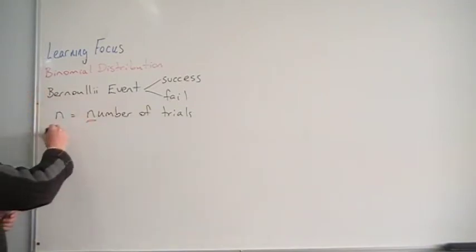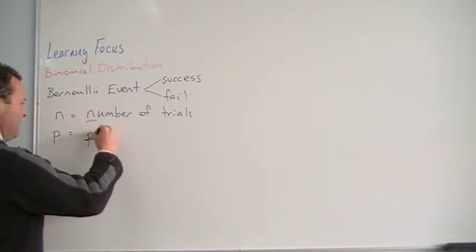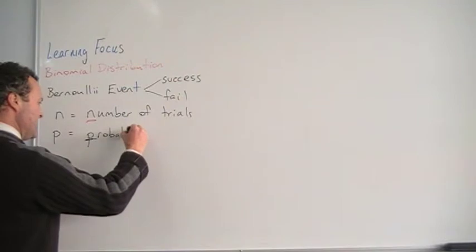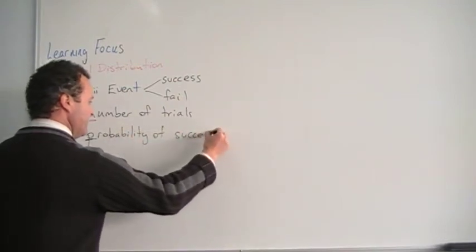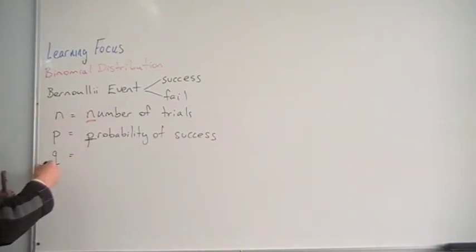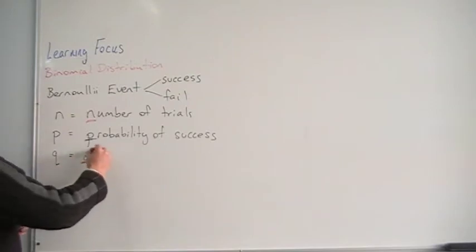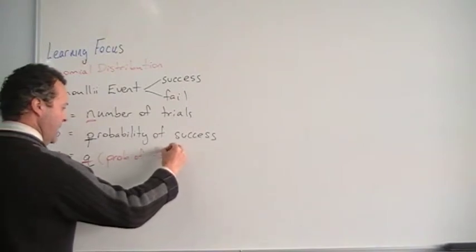Okay, and the letter P is the probability of success. And Q is the probability of failure.